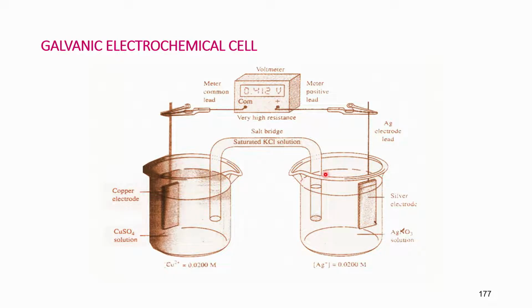So, what we do is we take a glass unit bent in a U shape and then take potassium chloride solution, add gelatin and heat them and pour it in this and allow it to settle.